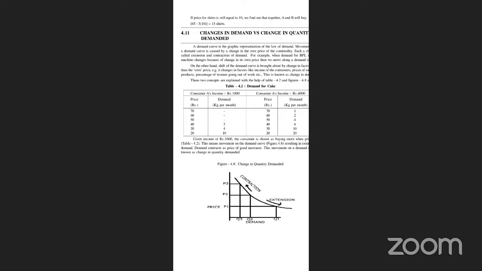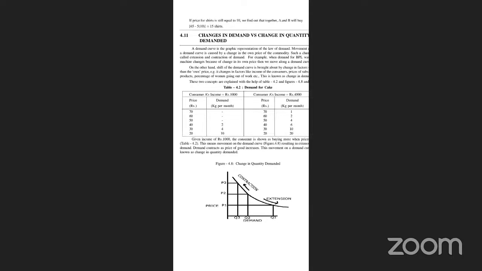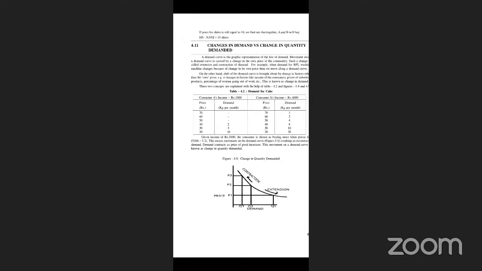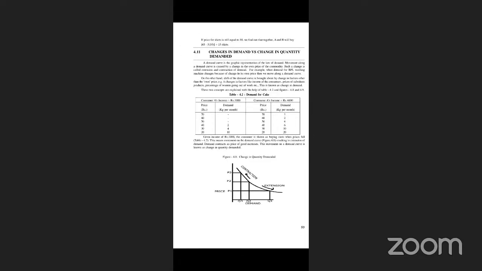I think every one of you should have a notebook, pen, and a pencil to draw the graphs. This subject demands you all to do the graphical representation along with the tables for better understanding. Okay, so look at this table. It gives you consumer A's income and price demand.